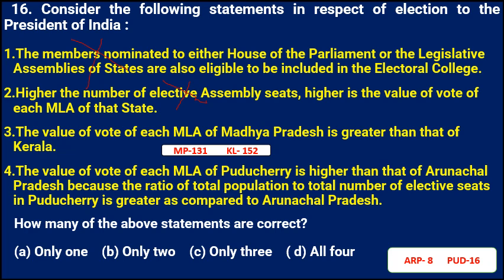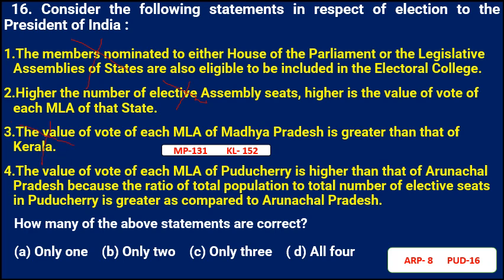So if more elected MLAs are there, obviously the vote value of the MLA will decrease. So this is an incorrect statement. Statement 3, the value of vote of each MLA of Madhya Pradesh is greater than that of Kerala. Here I mentioned Madhya Pradesh MLA vote value is 131, Kerala 152. So the third statement is also incorrect.